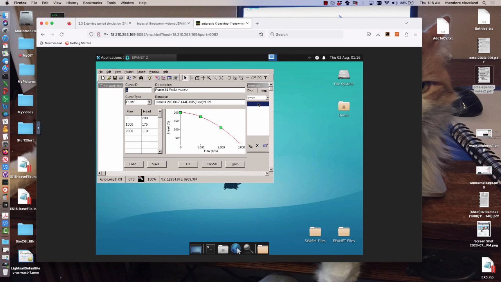So there's our pump curve. These are fairly large numbers for a pump, so I suspect that's not a single pump. That would have to be a lift station, a combination of multiple pumps.